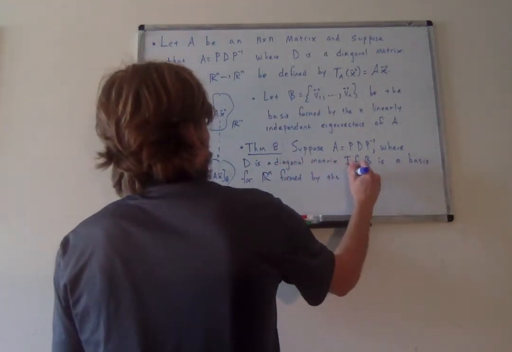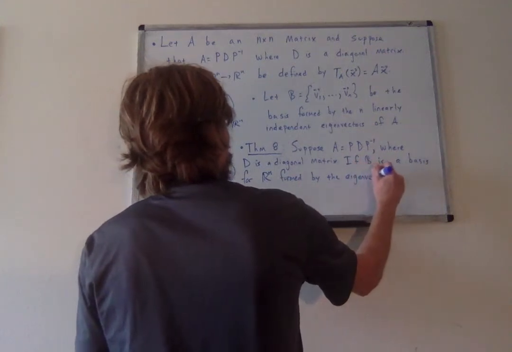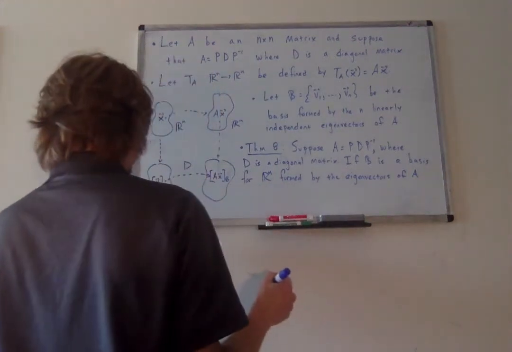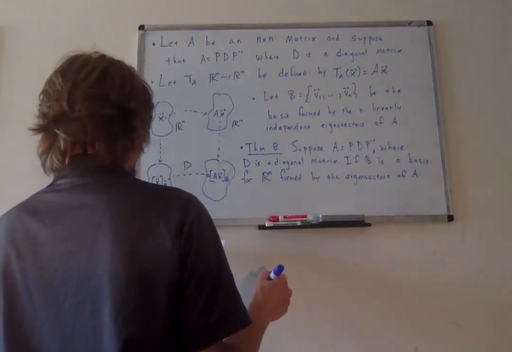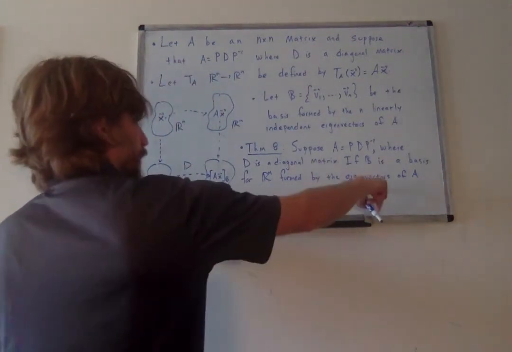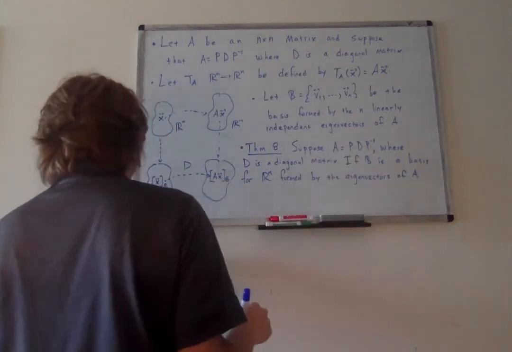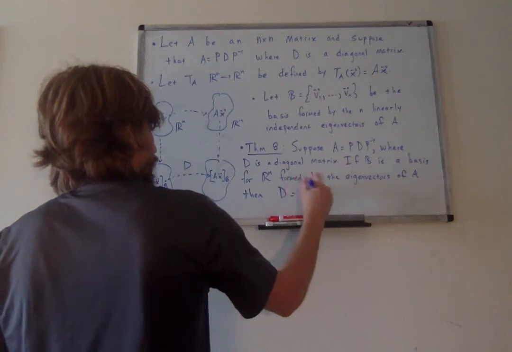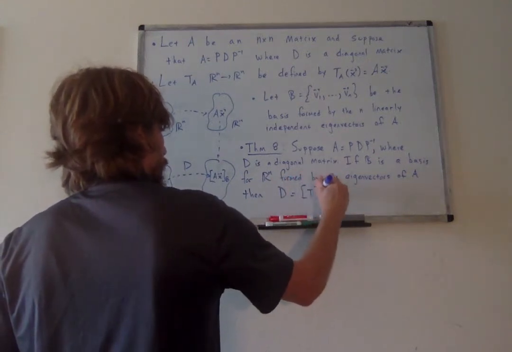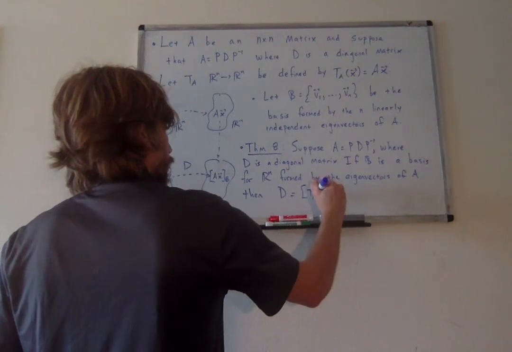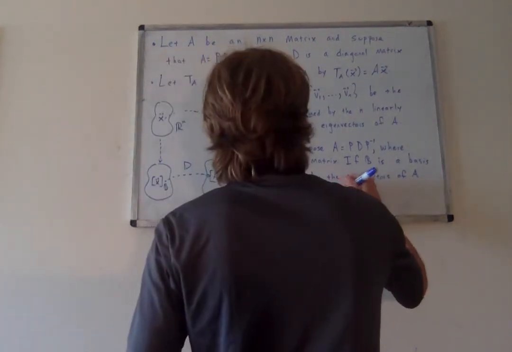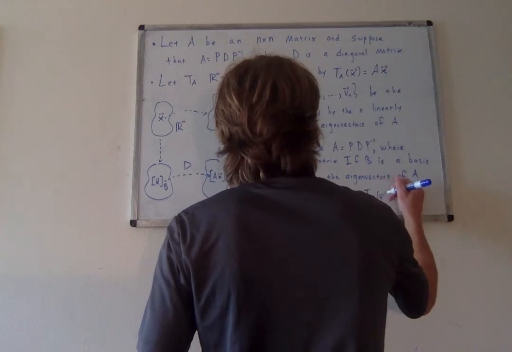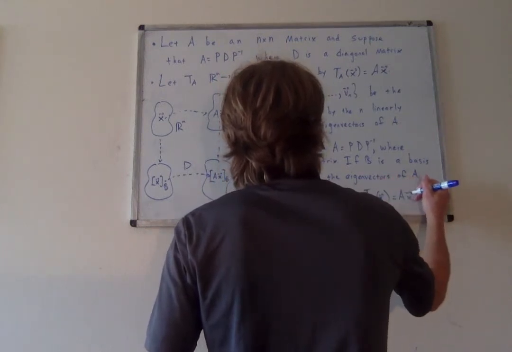the eigenvectors of A, which, remember, the eigenvectors of A are just the columns of P, then this diagonal matrix D is equal to the B matrix for the linear transformation T of A, where T sub A of x is equal to A times x.